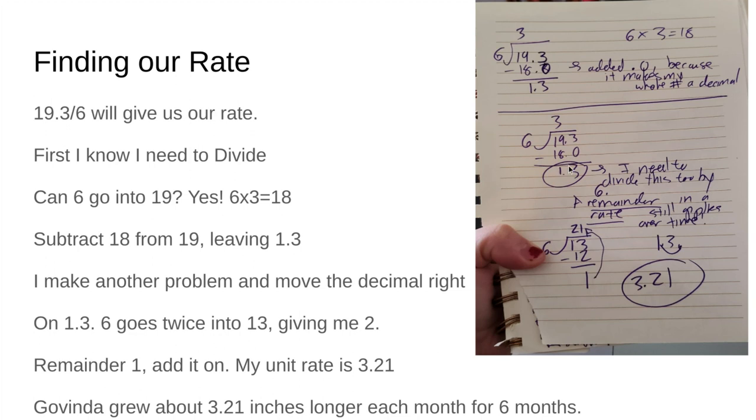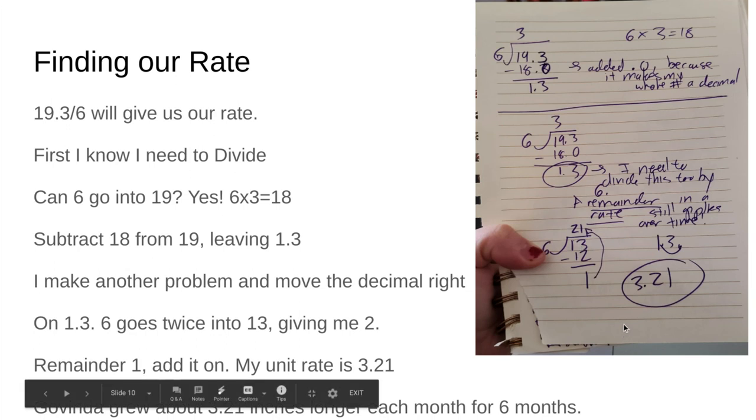So instead, I'm going to flip this in a way where I turn 1.3 into a whole number of 13. 6 can go into 13 twice, giving me 2. Then I'm going to pull the 1 up here. It's kind of an odd trick, so if you want to do it differently, you're more than welcome to.